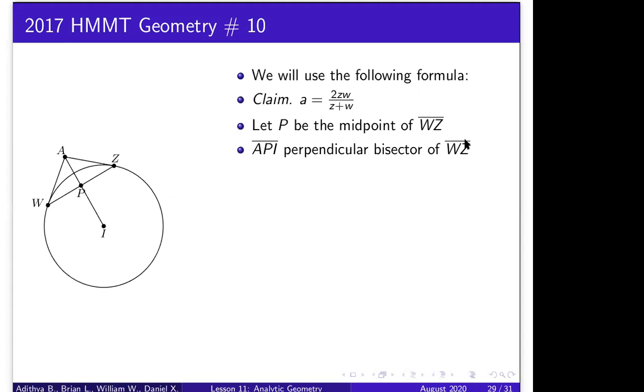What this means is that P lies on ray IA. It tells us that A and P should have the same argument.